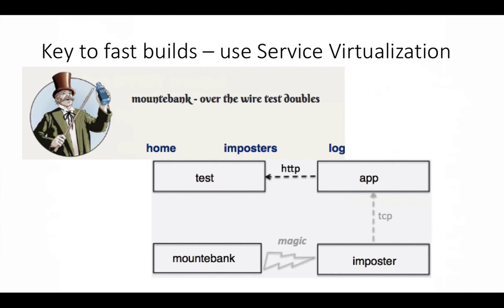So maybe not for this session, maybe a whole topic for another day. If you want to get fast builds, and you kind of need to, if you need to be on it for keeping the build green, you need to perhaps factor in service virtualization tactically on some of the shifted-left items within your pipeline. And that doesn't mean you're not going to go and test against real environments.